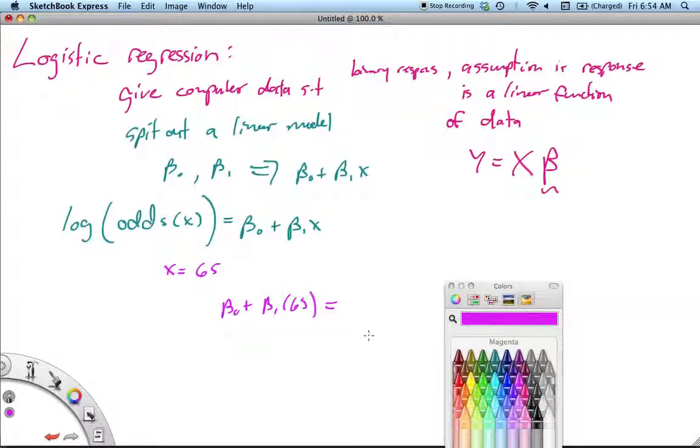Let's just call it y. And then what this is saying is that the log of the odds of 65 is equal to this y.